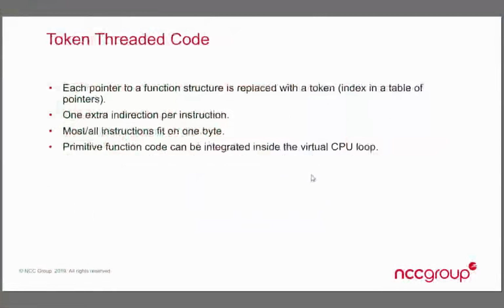So there is an extra trick that you can do over that. This one, I just explained it. It's token-threaded code. Token-threaded code is the same thing as that, but you had a function which was a sequence of pointers, and we're talking about 32 bits, 4 bytes for each pointer. That's a lot. We want it to be more compact.